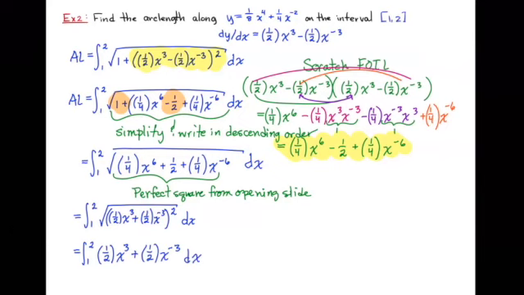For the sake of time, I'll leave it to you to simplify that algebraically and plug in your bounds, but you should get 33/16. And remember, exact answers, so you should leave your answer this way rather than as a decimal.